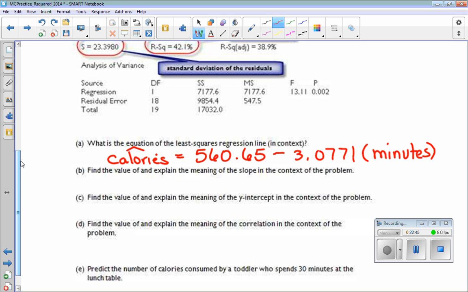So we have to figure out the meaning of the slope in the context of the problem, and the meaning of the y-intercept in the context of the problem. So I think what we need to think about is if the y-intercept is 560 calories, right? That's the y-intercept.